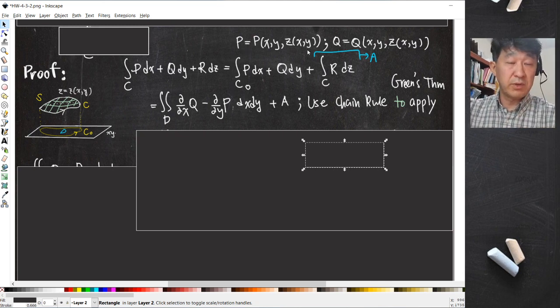Now you're composing with z, then differentiating with respect to x. That involves a chain rule to unfold it. So this is the part where you may easily make a mistake if you just use the P and Q without specifying what variables are involved. Let me say that again. We're trying to apply Green's theorem to that part. Q is originally a three-variable function. With that composition, it became two variables.